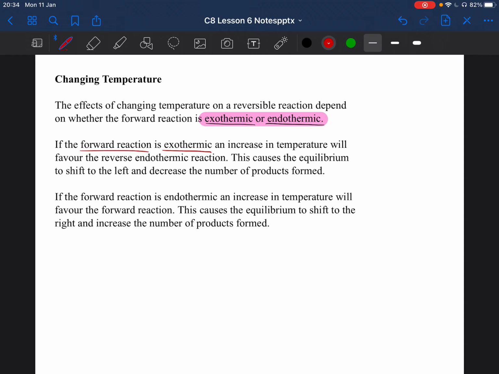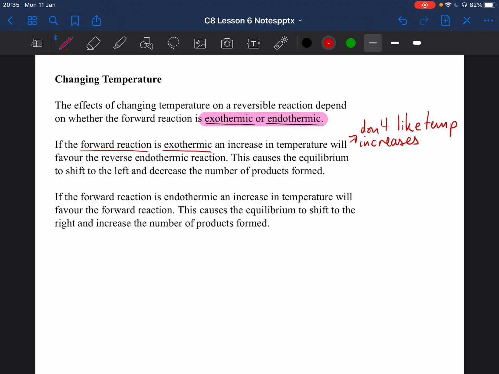If our forwards reaction is exothermic, then remember what I said before, exothermic reactions don't like temperature increases. They are going to release energy. They don't need energy put into them to get them going and keep them going, unlike endothermic reactions.